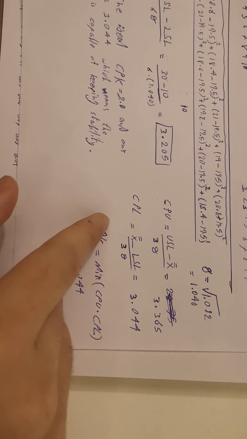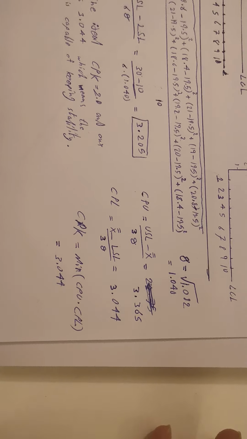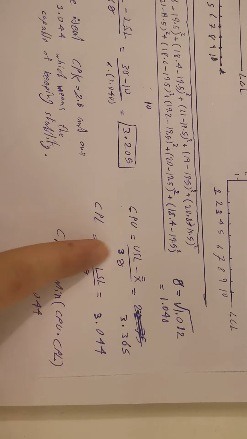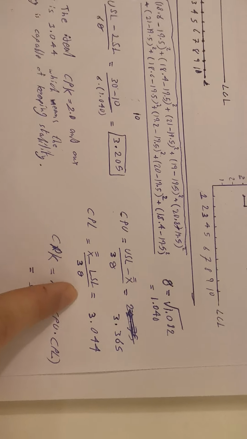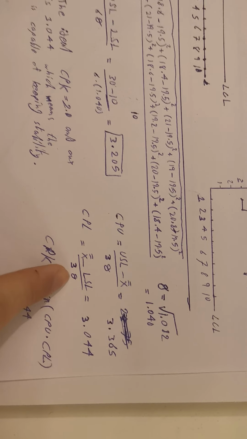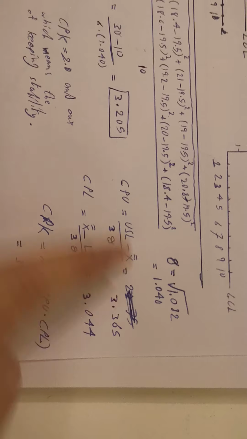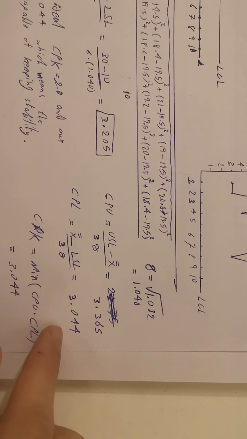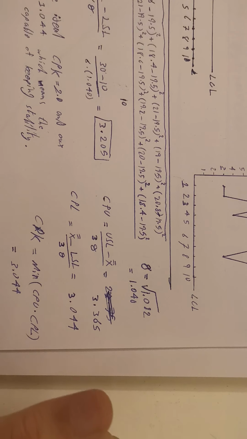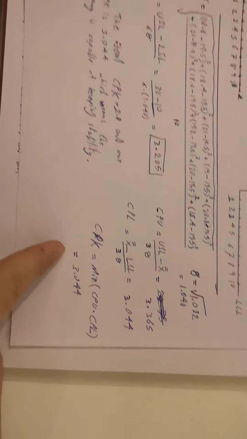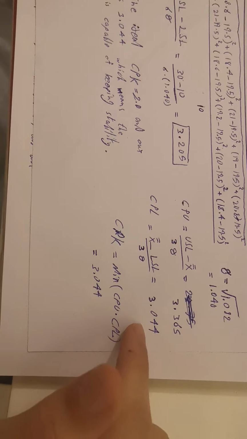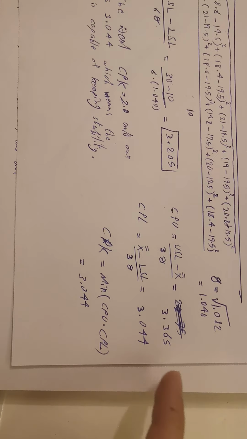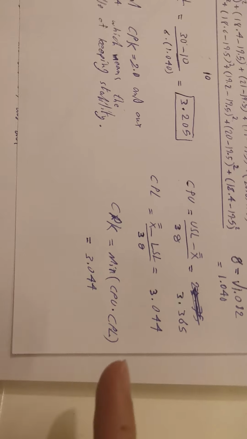Now, the CPL is kind of the same equation, but instead of having USL, we will have the LSL, and we will subtract the LSL from the X bar grand. And in this case, we will get 3.044. Now, as I said before, the CPK is the minimum between the two, which is in this case 3.044. And now what does that mean?